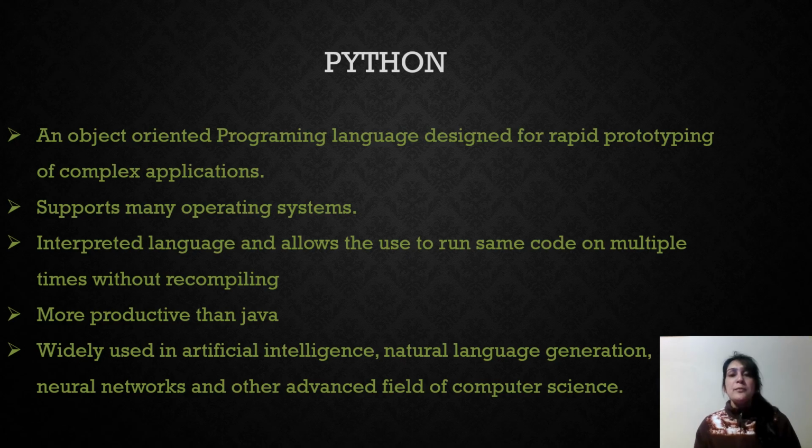It supports many operating systems, and it is also an interpreted language, and it is more productive than Java. Python is widely used in artificial intelligence, natural language generation, neural networks, and other advanced fields of computer science.